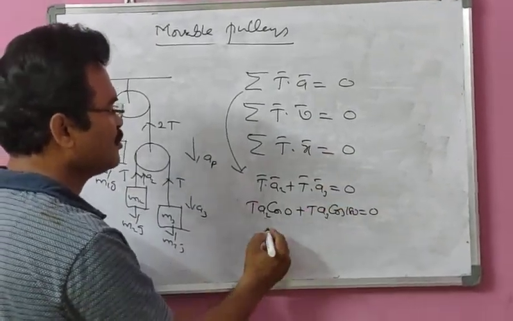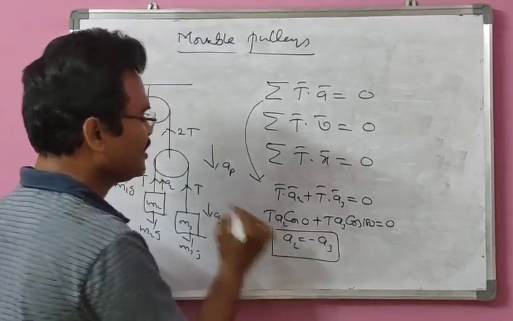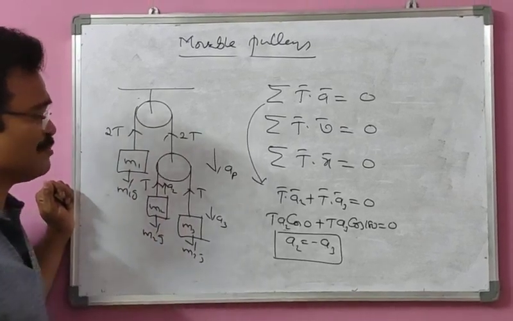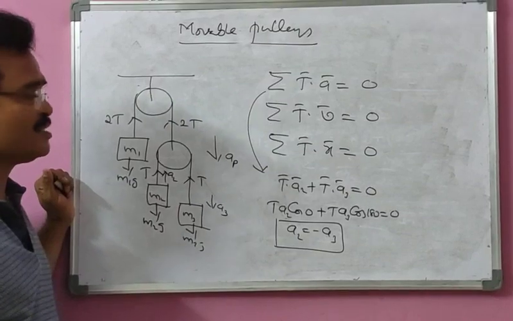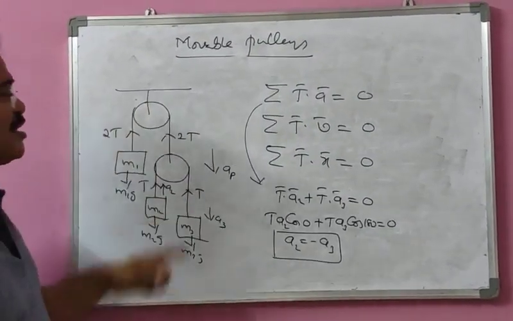T gets cancelled out, so you get a2 equal to minus a3. It means if m2 goes up, m3 comes down. That is very important. This is the way of finding the accelerations by the shortcut method.